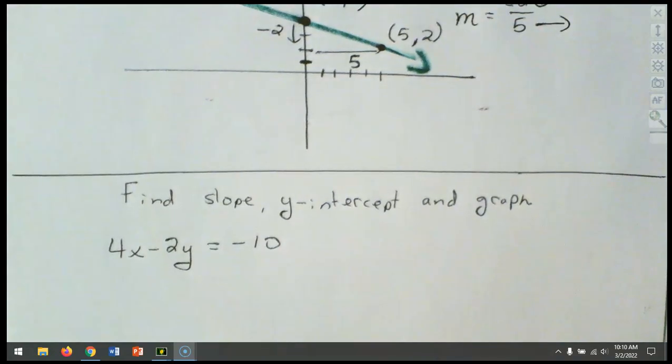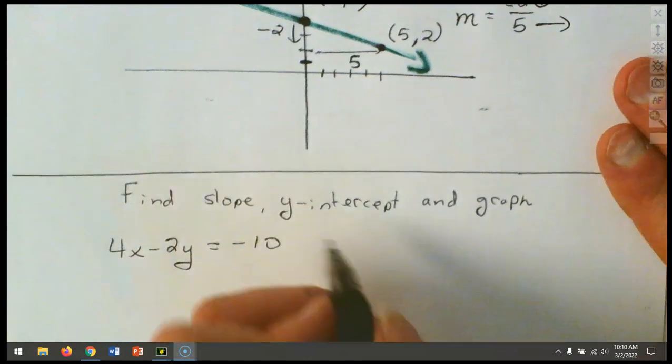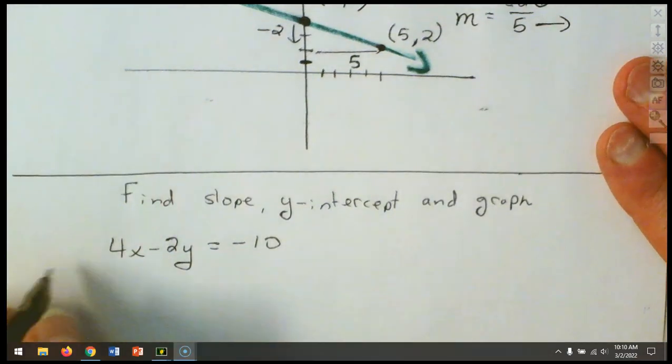So this is what we've got. Right now it's in what's called standard form, and when we go to graph these equations, we cannot graph from standard form. So we need to get it in slope-intercept form. That means our first step is to solve for y.